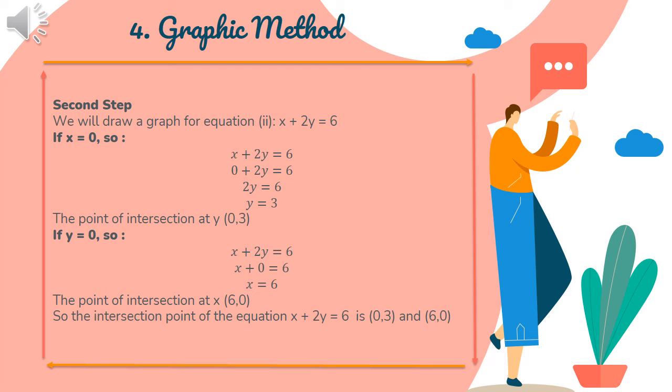If y equals 0, so x plus 2y equals 6, x plus 0 equals 6, x equals 6. The point of intersection at x is (6, 0). So, the intersection points of the equation x plus 2y equals 6 are (0, 3) and (6, 0).